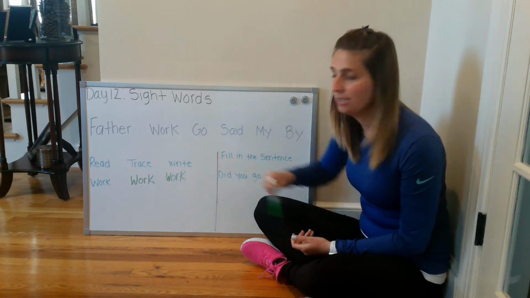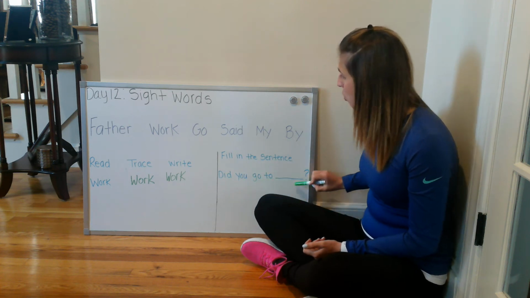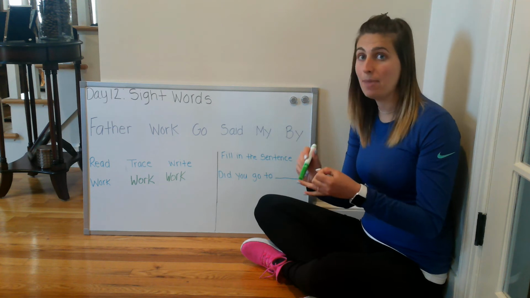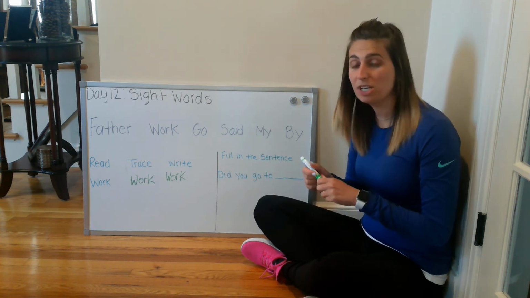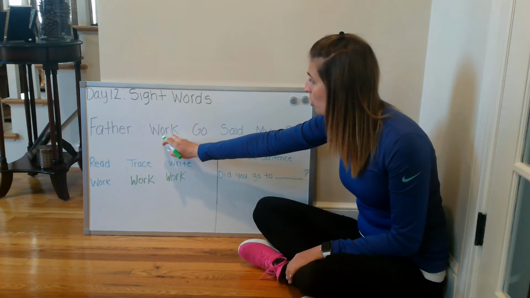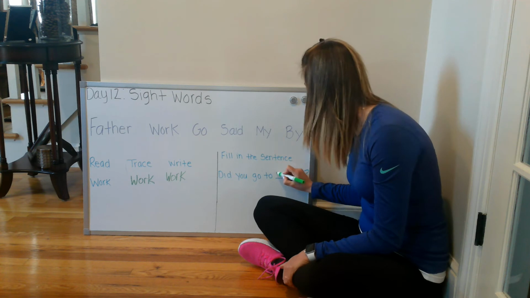Now I'm going to place the sight word work in the blank. Did you go to work? Well, that sounds correctly, and it makes sense, so work must be the one that I fill in on the blank.